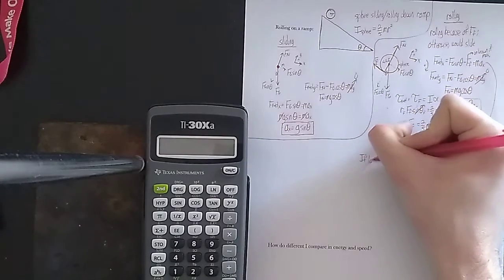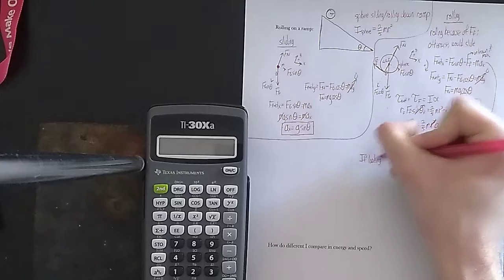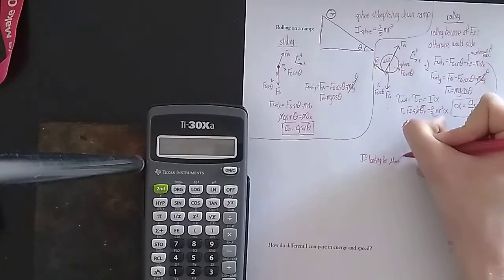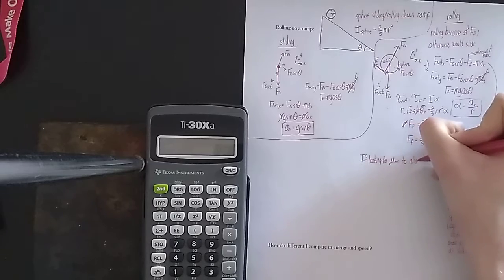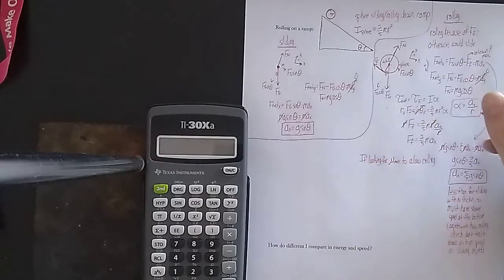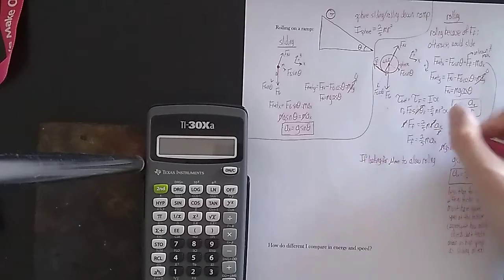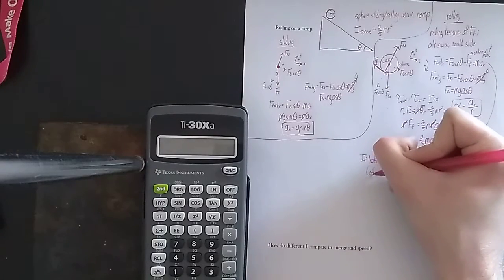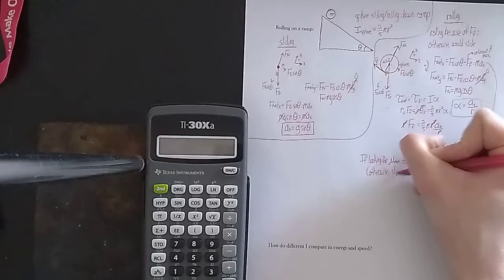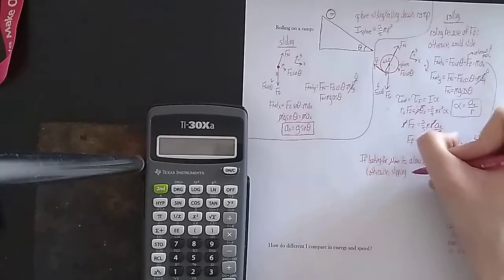So if looking for mu min to allow rolling, and again, otherwise slipping would occur.